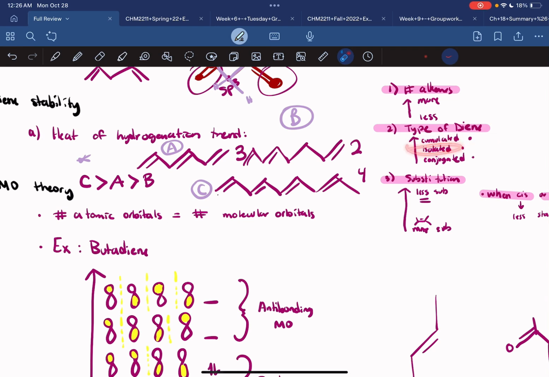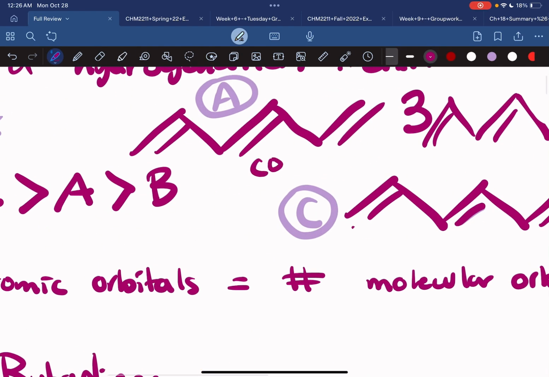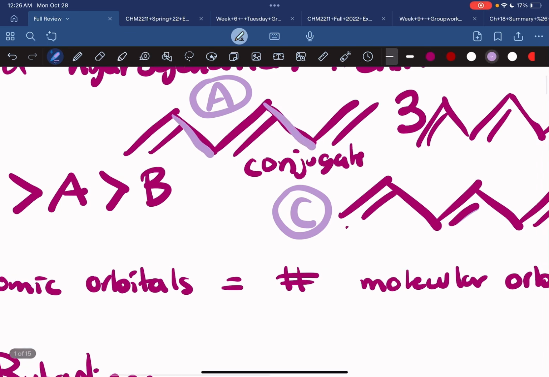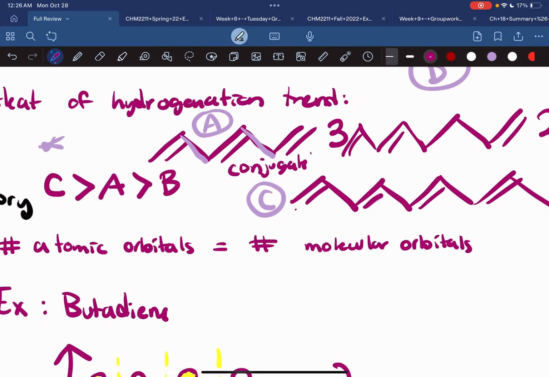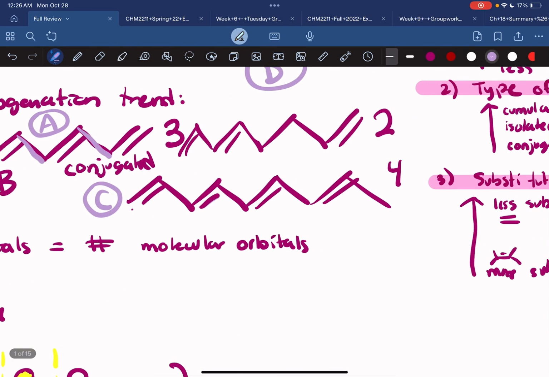So we either have isolated or conjugated. Let's see. This one is conjugated because the pi bonds are separated by 1 sigma bond each. So it's conjugated. This one has 2. The first one is conjugated, and the second one is isolated.